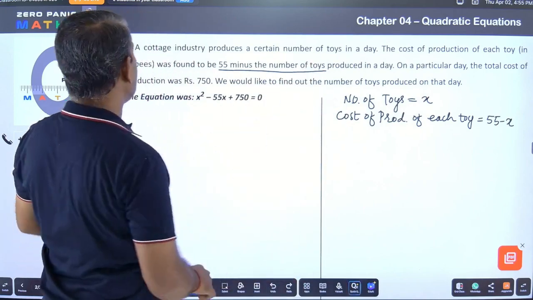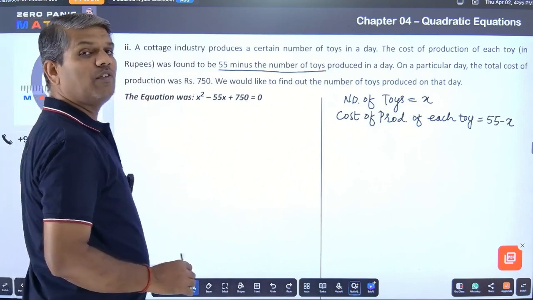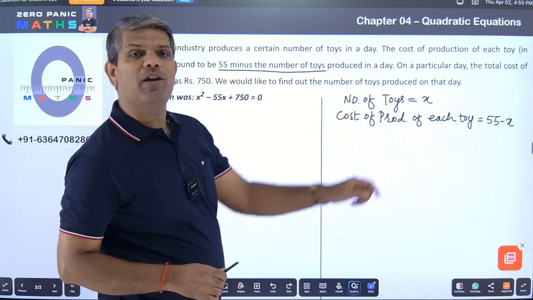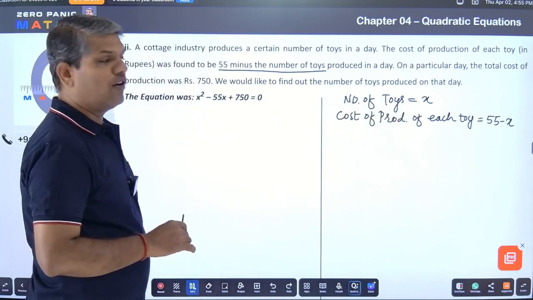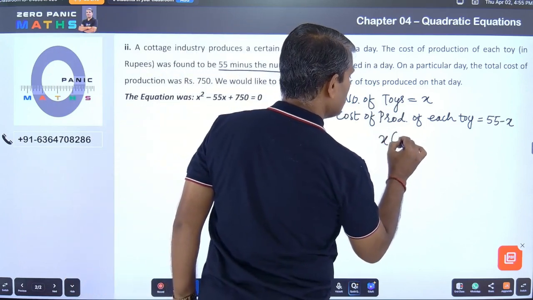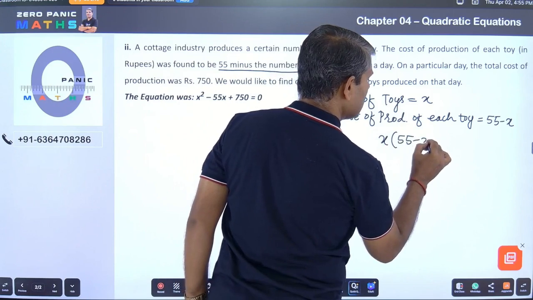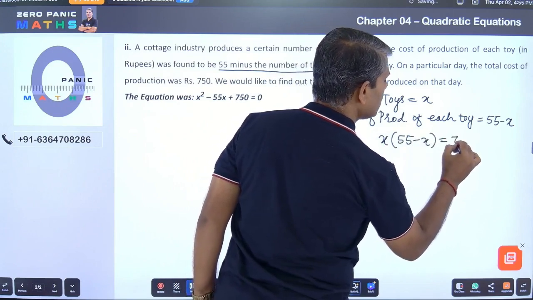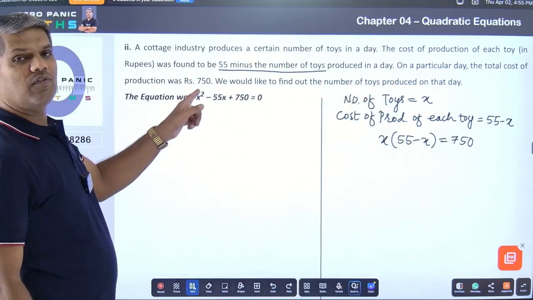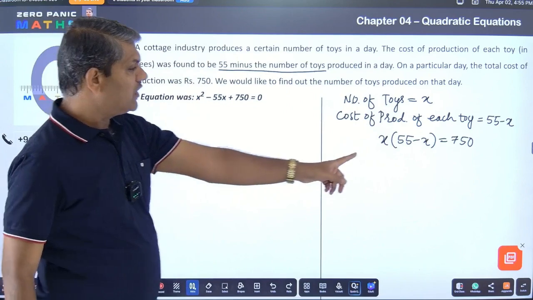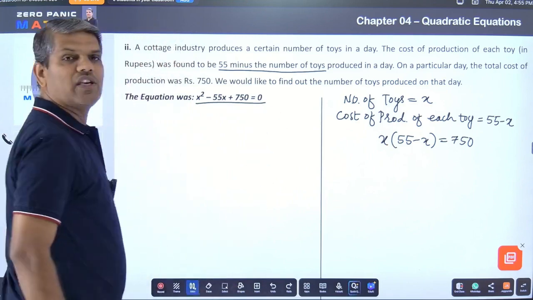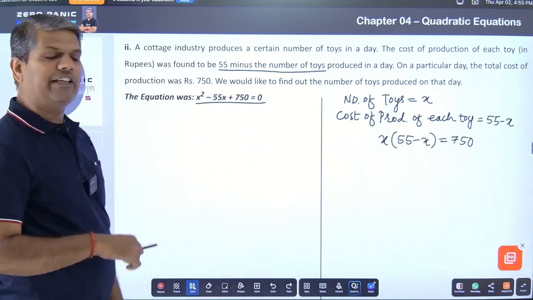On a particular day, the total cost was 750. Total cost of production is the number of toys multiplied by the cost of each toy. So what we did is x into 55 minus x, that is the cost of production, and the cost of production on that day is given as 750. With this equation we derived this quadratic equation. So we already did that.